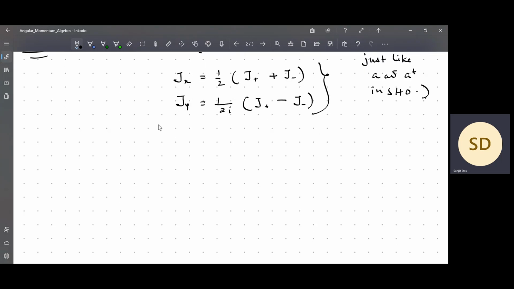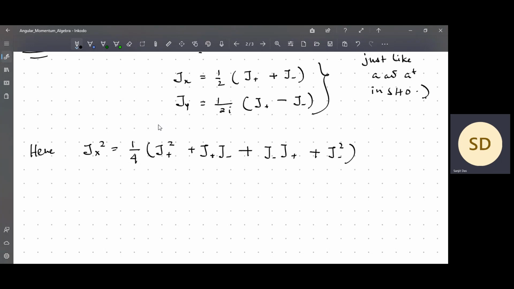So Jx square is equal to 1 by 4 of J plus square plus J plus J minus plus J minus J plus plus J minus square. It is very easy.